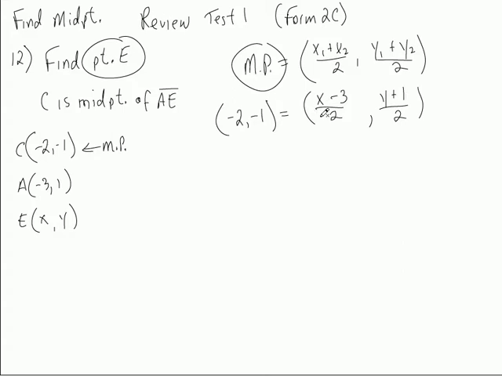I'm almost ready to solve this thing now. Let's change colors here. I'm going to take this. What is this equal to? It's equal to a number. It's equal to one number. How do you know? Look, this point is equal to this point, right? This is the x part. This is the x part. So what is this equal to right here? -2.